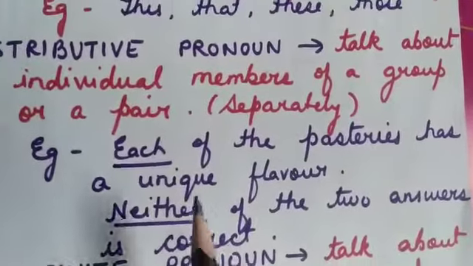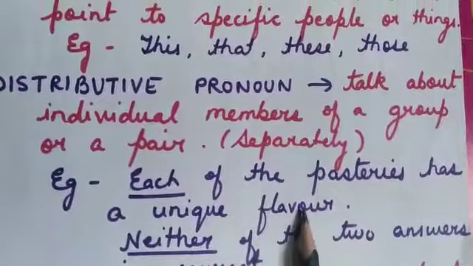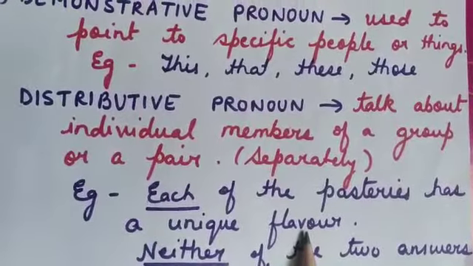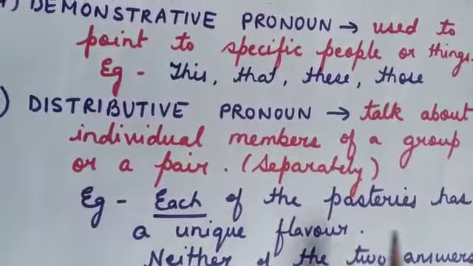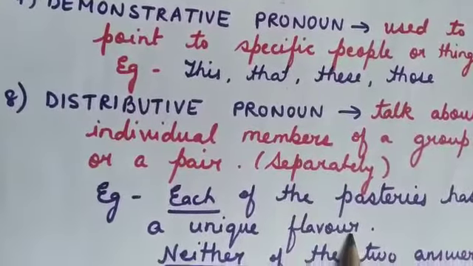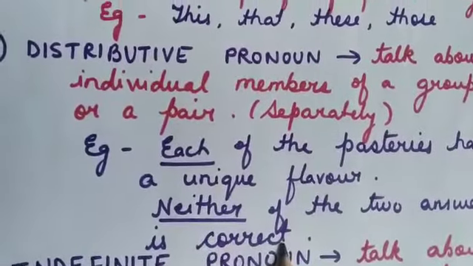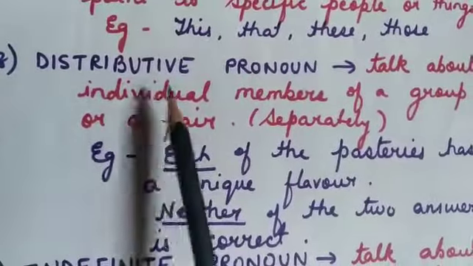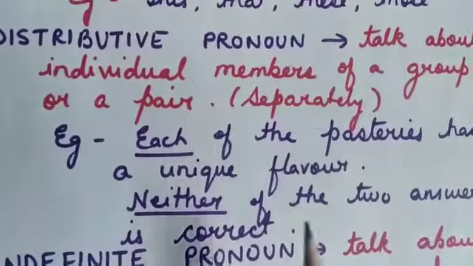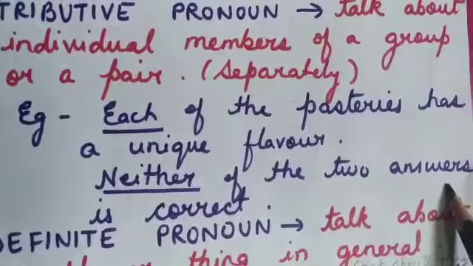Example, each of the pastries has a unique flavor. Means I am talking about all the separate pastries and they have got a unique flavor. Neither of the two answers is correct. Here neither is distributive pronoun. Means out of the two answers, not even one is correct.